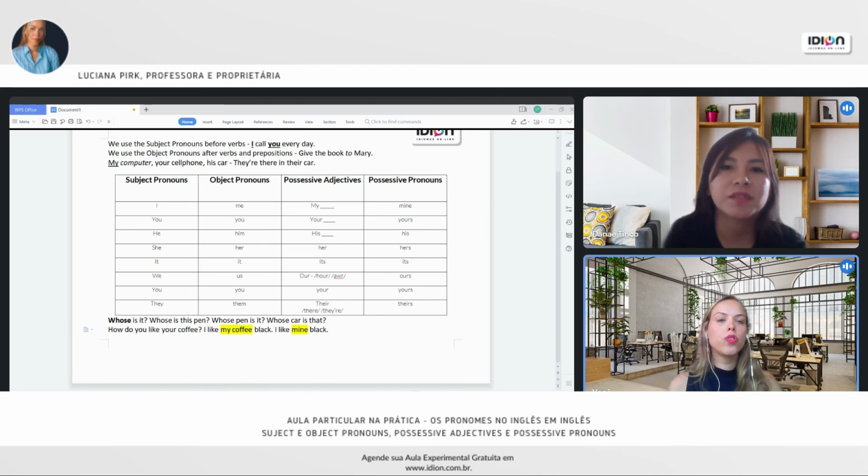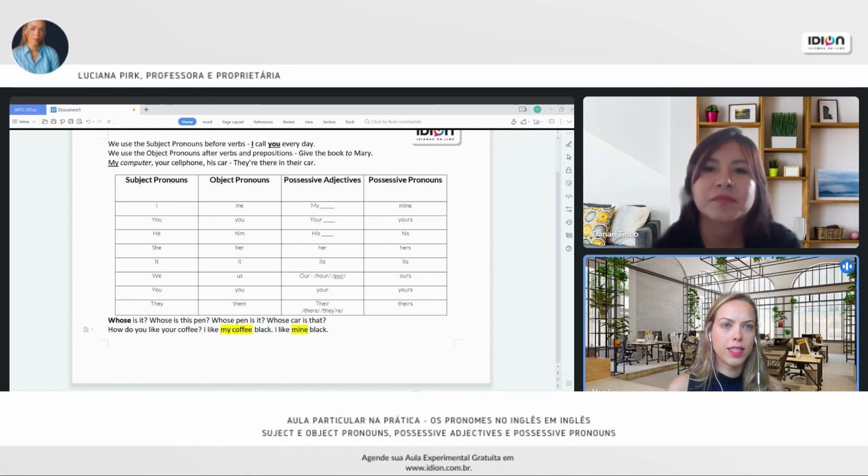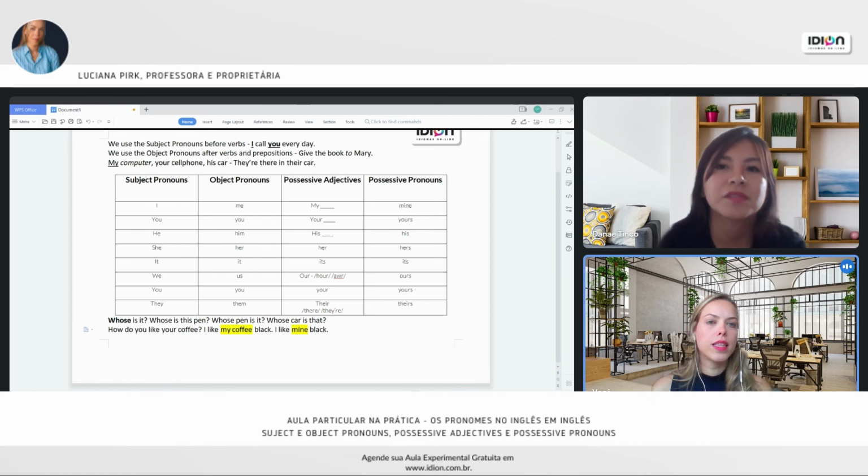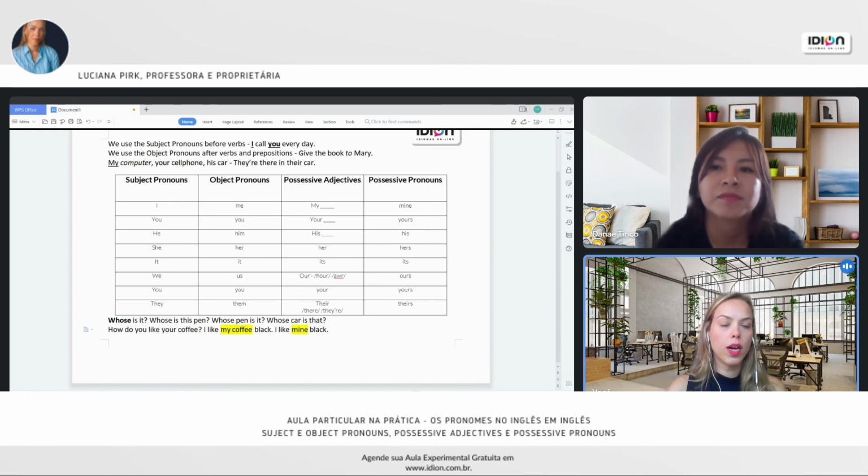So we have two different ways to say the same thing depending on where we put it in the sentence. Because the possessive adjective is an adjective, it needs to come before the noun. And the pronoun will always substitute both the adjective and the noun.